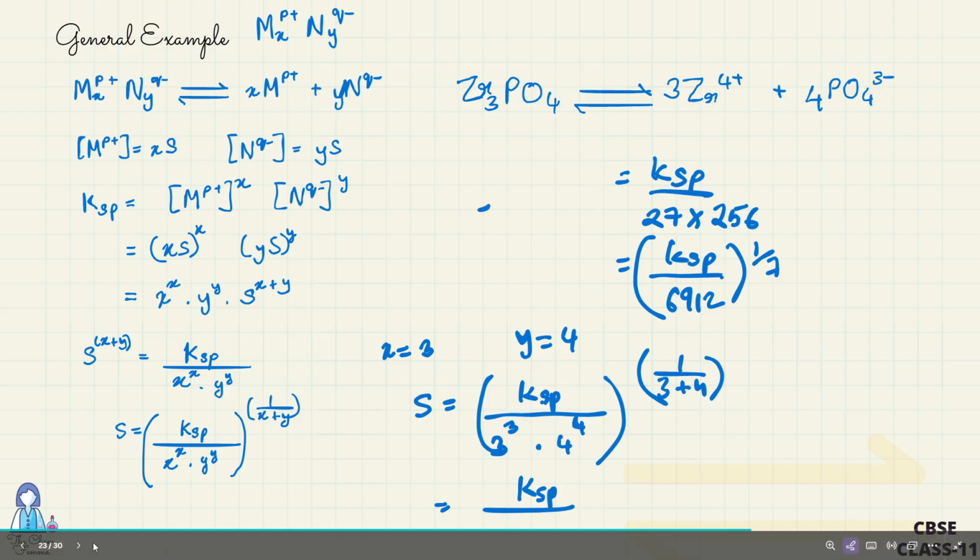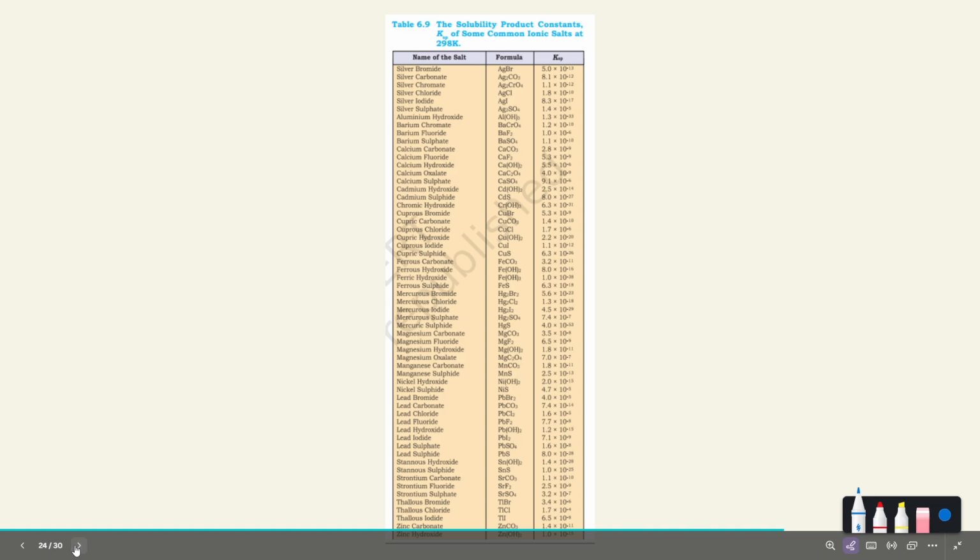Now, the last one that we're going to talk about, in your textbook, they did speak about the relationship between KSP and QSP. KSP is the solubility product at equilibrium. QSP is the solubility product quotient, so it doesn't have to be in the equilibrium state. It can be at any point in time. At equilibrium conditions, KSP is going to be equal to QSP.